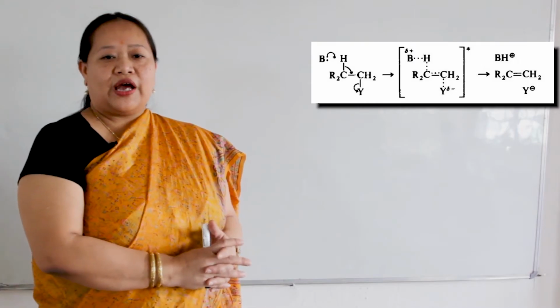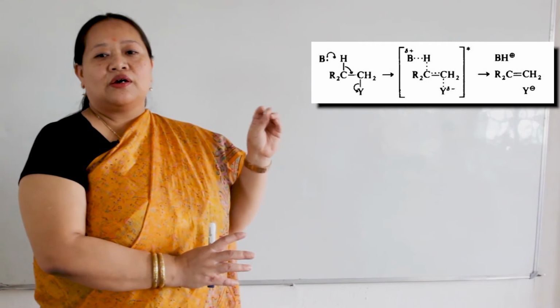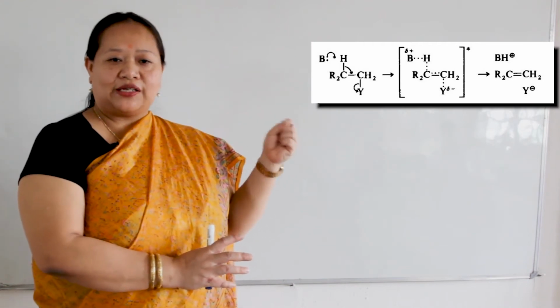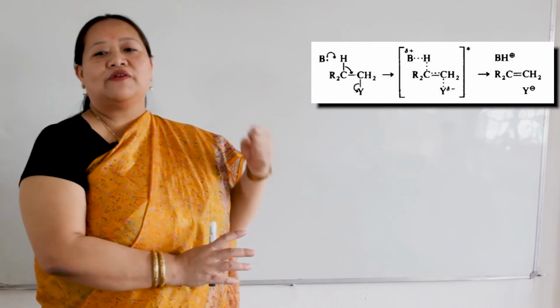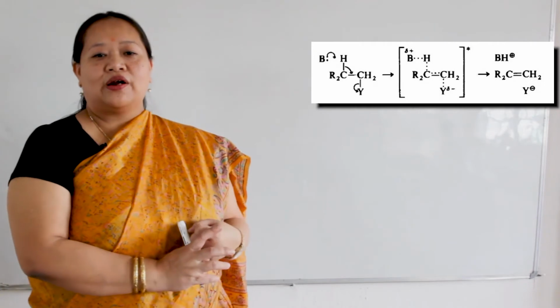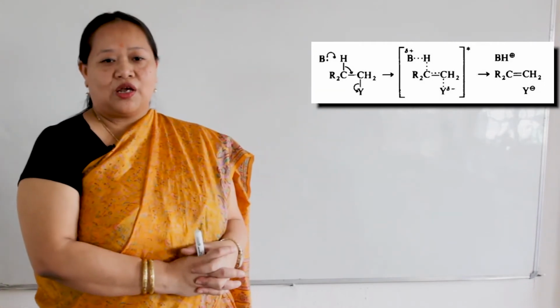So the E2 reaction mechanism follows a single step process where the base pulls the proton away from the beta carbon atom, and simultaneously the leaving group leaves the alpha carbon atom with the electron pair through the transition state to form the alkene product.